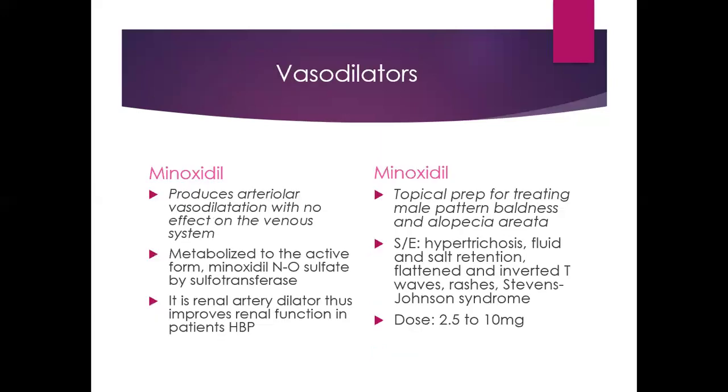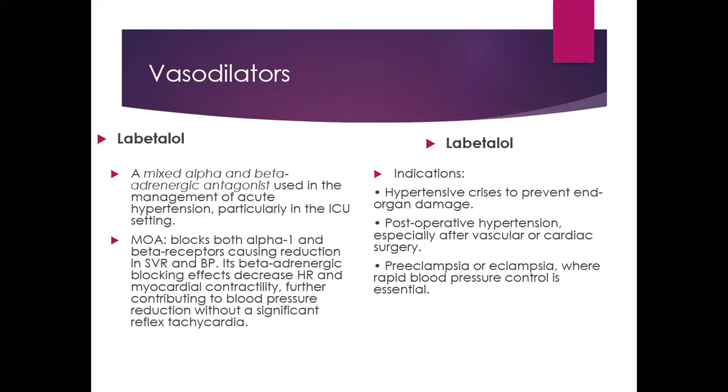I need to say something about labetalol because it's a common vasodilator that we use in management of hypertensive emergencies, especially in our neuro patients that come with subarachnoid hemorrhage, from maybe aneurysm rupture or whatever it is. So labetalol comes in handy, and we need to remember that it's a mixed alpha and beta adrenergic antagonist.